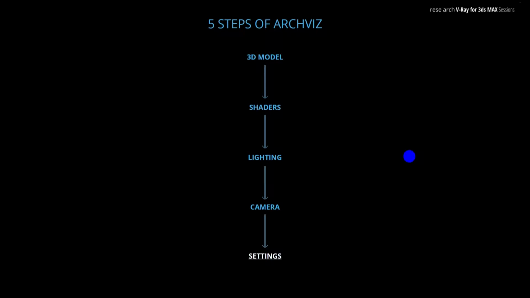And the last thing on the list is actually settings, and this is something that doesn't occur in nature, or let's say in the real world, because what we need to cover in our software, in this instance in V-Ray, is that we need to set our own quality settings.